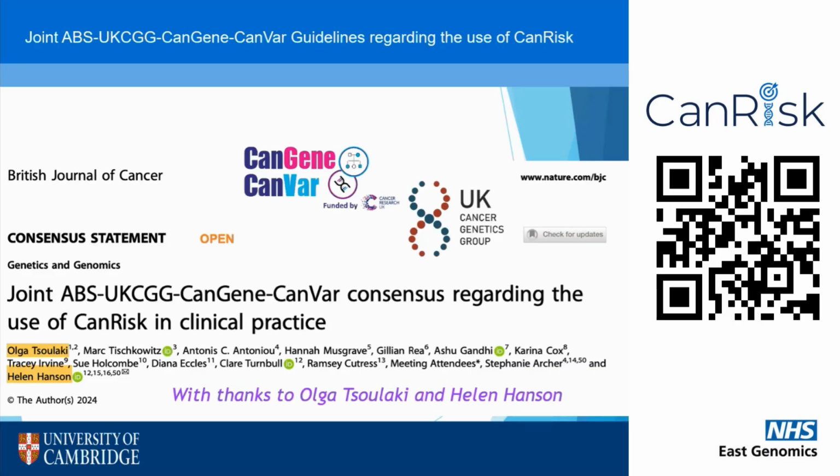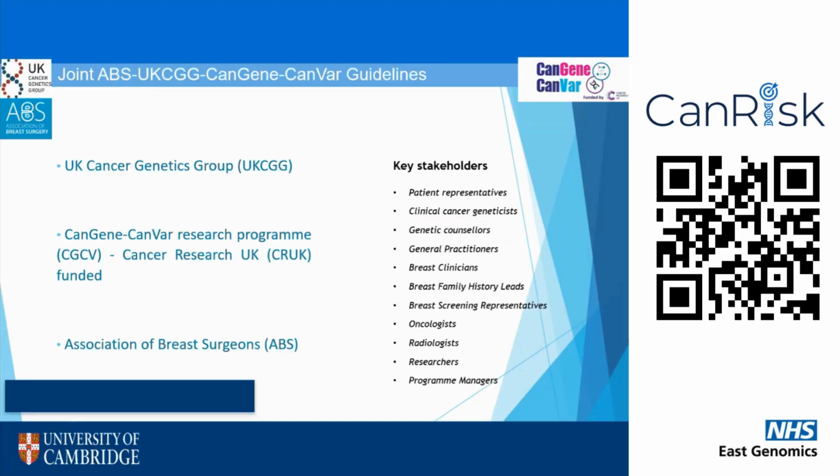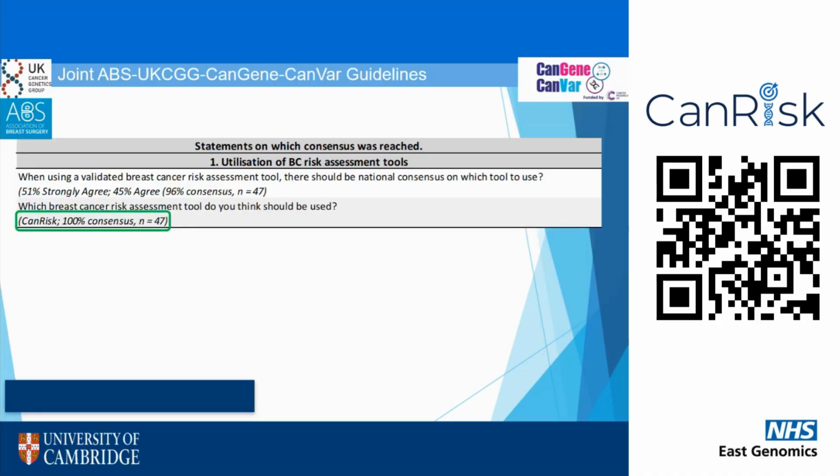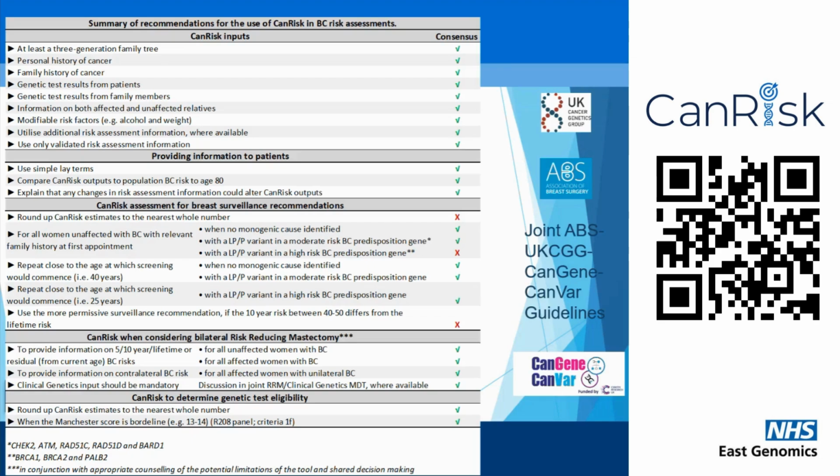There's been some national guidance on how to use CanRisk, and this was based on a consensus meeting with multiple stakeholders that went to make up this guidance, and it has been published. As part of this consensus statement, everyone agreed that we should be using CanRisk in order to estimate breast cancer risk for patients.